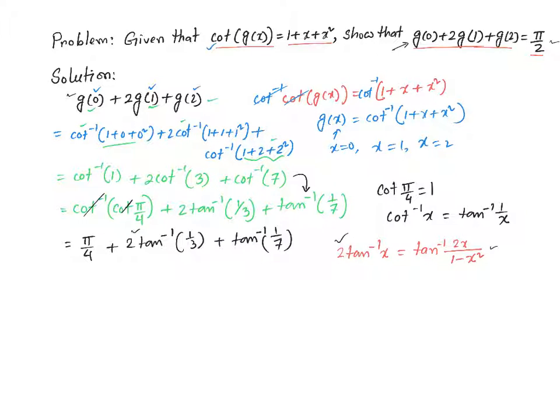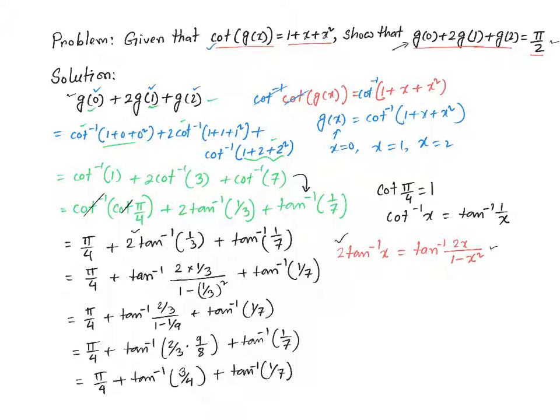In our context, our x is going to be 1/3. So if I do that, I get the following. My x is 1/3, so it's going to be tangent inverse 2 times 1/3 divided by 1 minus 1/3 square. And this term stays the same.